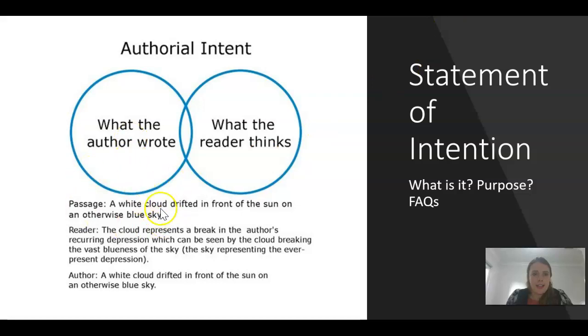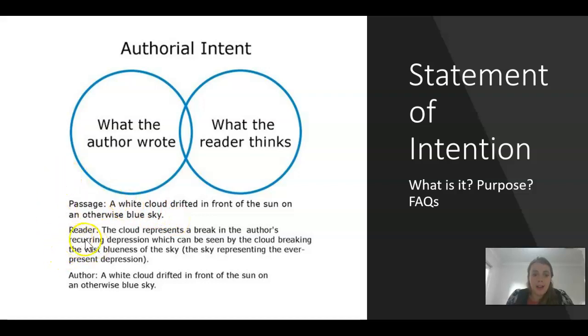You can see this nice little example here of what we call authorial intent, what the author intended for the reader. So if we had a passage, a white cloud drifted in front of the sun on an otherwise blue sky, that's the passage from the text.